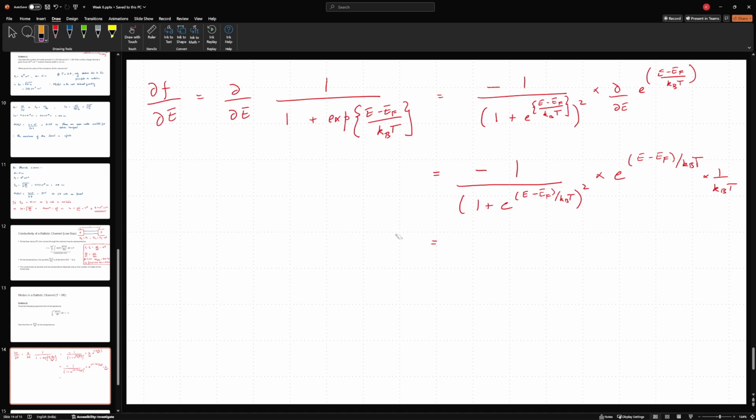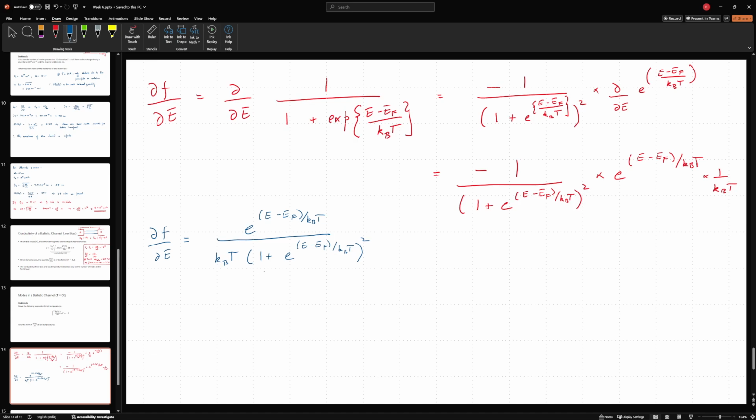So to write the answer in the final form, dou F upon dou E is equal to e to the power E minus EF divided by KBT, divided by KBT into 1 plus e to the power E minus EF upon KBT, whole squared.